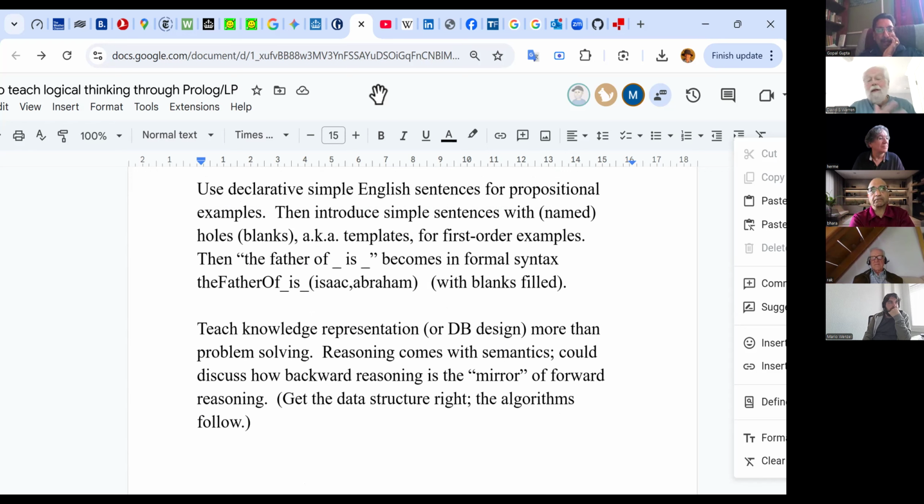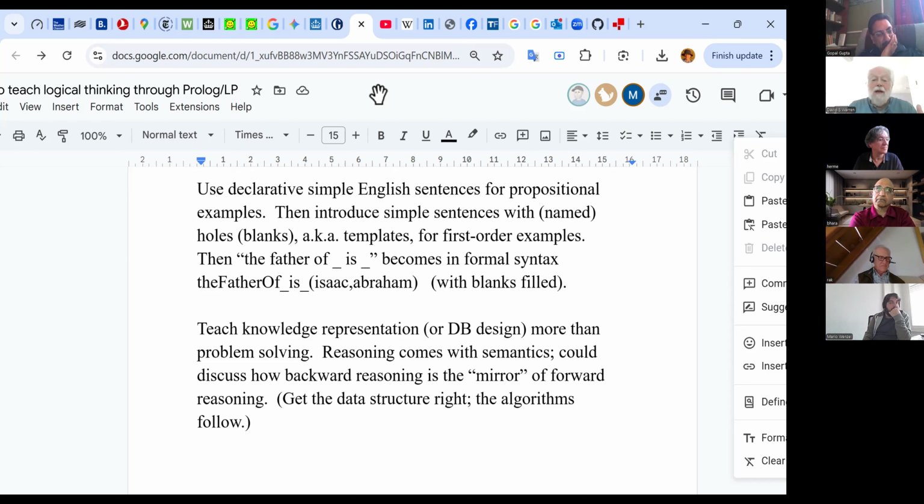That's a statement, and then you can say, okay, I want to use blanks. So I create a template, and that describes all the ways I can fill the blanks that make sense, that are true. I think that's a way of connecting English to predicates.